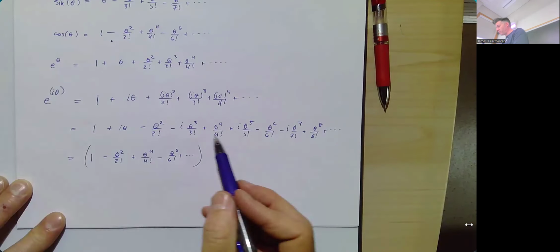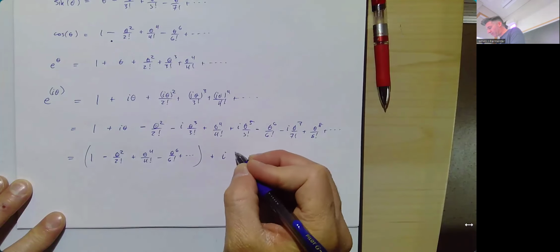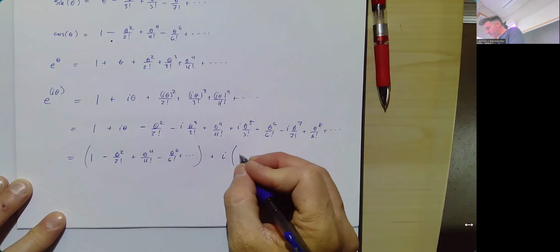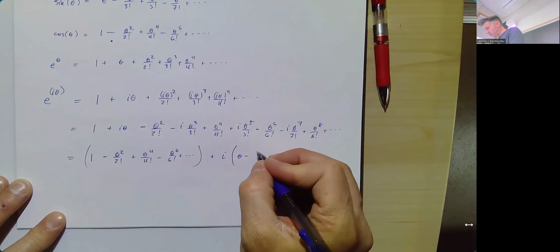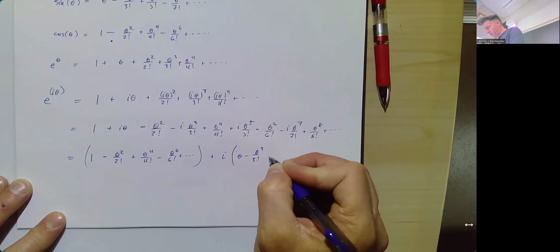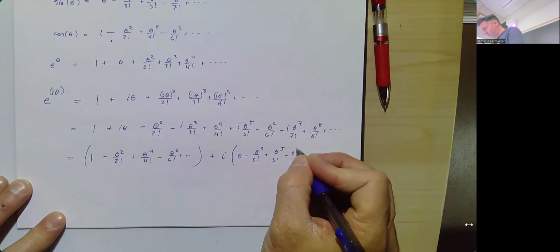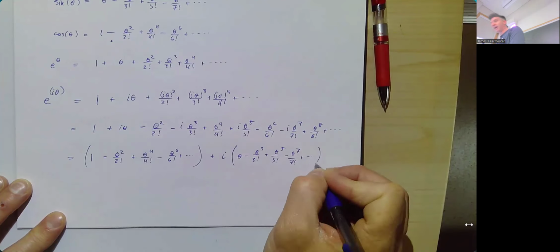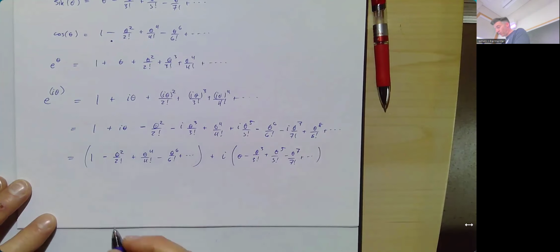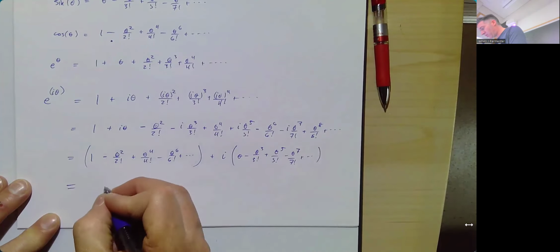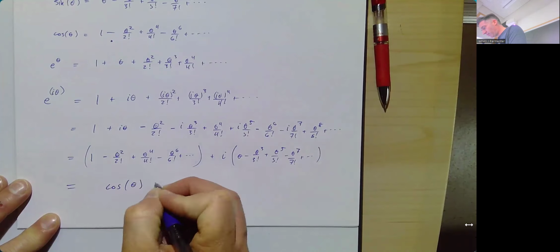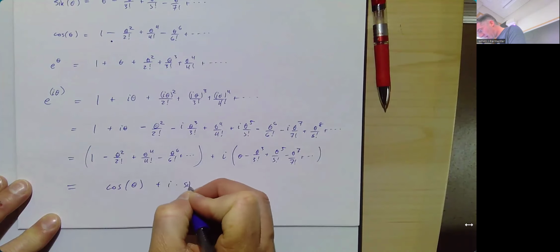If I group the i terms together and I factor out the i, I've got theta, I've got minus theta cubed over 3 factorial. I think you can see where I'm going with this. Plus theta to the 5th over 5 factorial minus theta to the 7th over 7 factorial. That's exactly the sine of theta. So this really, really, really does truly equal cosine of theta plus i times sine of theta.